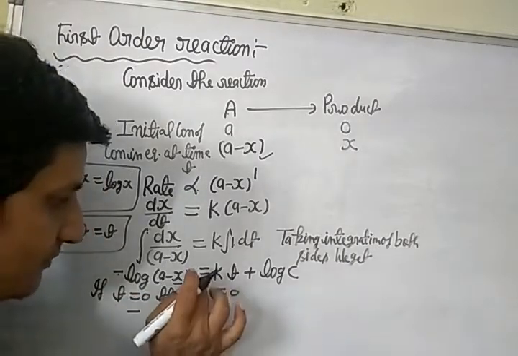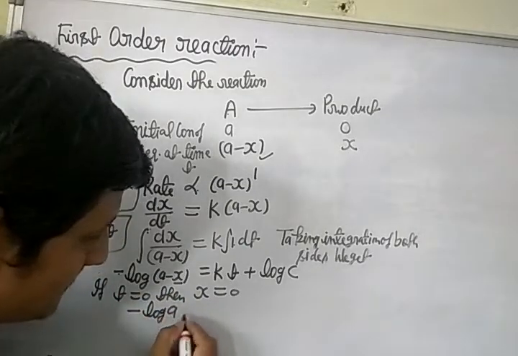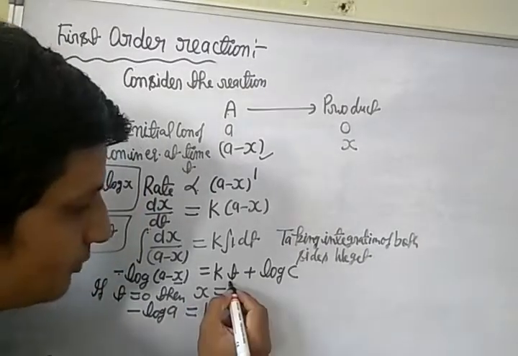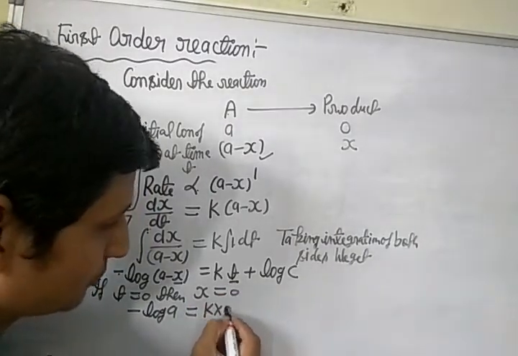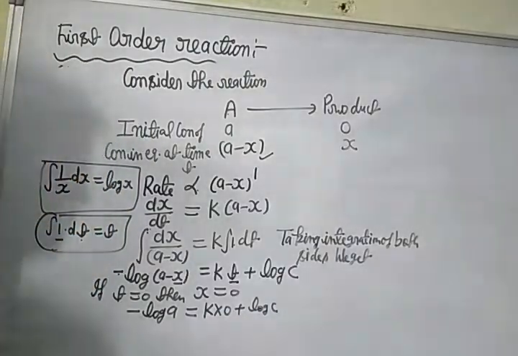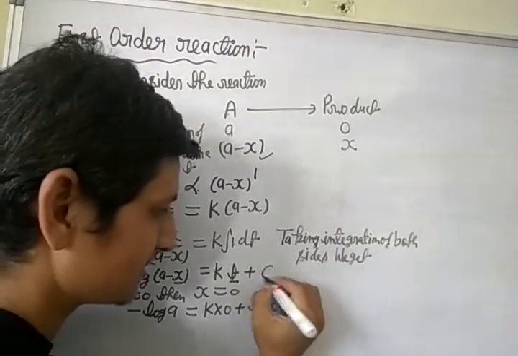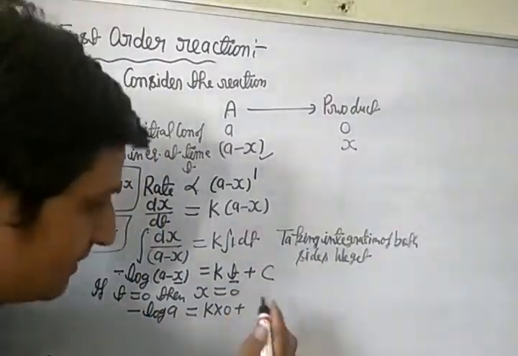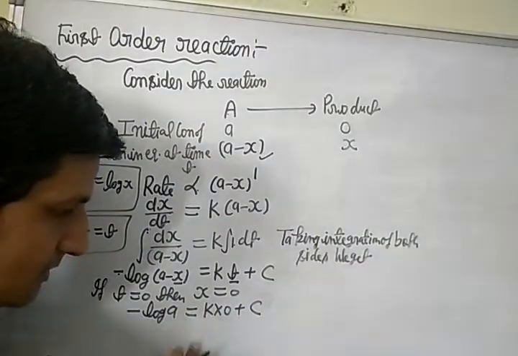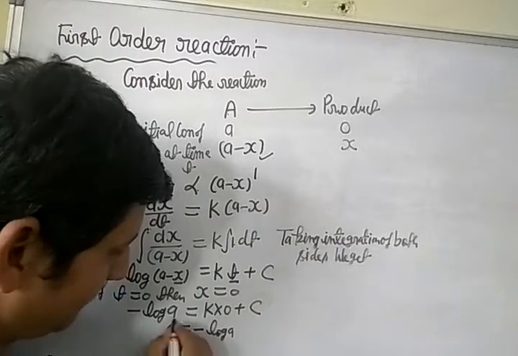Putting these values in this equation, minus log a is equal to k into 0 plus log c, or we can say constant c. So we get c is equal to minus log a.